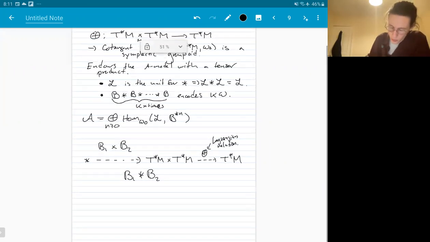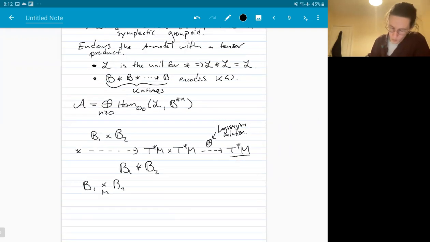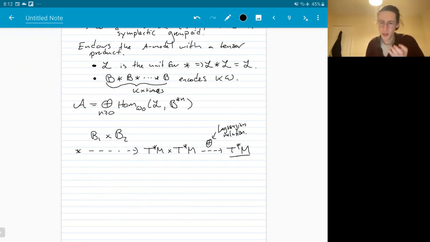What you can do more explicitly is take the fiber product of B1 with B2, and then push it forward into M, and that will be supported on some submanifold. Doing this on the level of just the submanifold, it's not doing anything because it's supported on the entire space. But you can look at what happens on the line bundles.